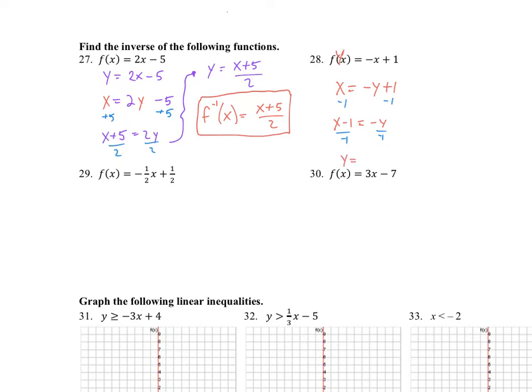So now I do x divided by negative 1, which would be negative x. And then negative 1 divided by negative 1, which would be positive 1. And so then we put back in notation, f inverse of x equals negative x plus 1, which may seem crazy because it's the same thing we started with, but it turns out that function is its own inverse. Pretty weird.